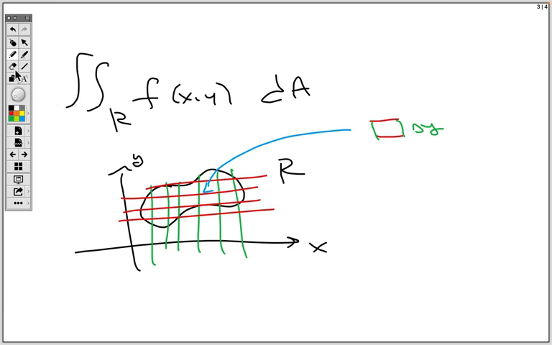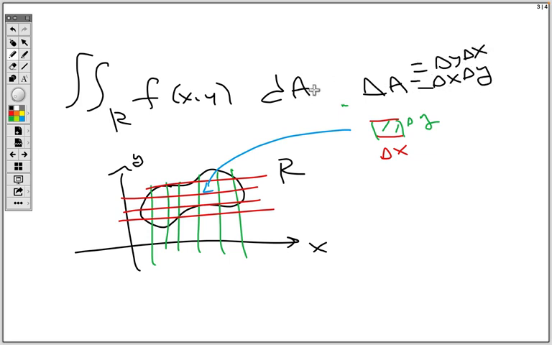So delta x by delta y in there. And the area of that, the delta A, we just got by multiplying them together, because that's how you find the area of a rectangle. Right? Or it was delta y delta x.